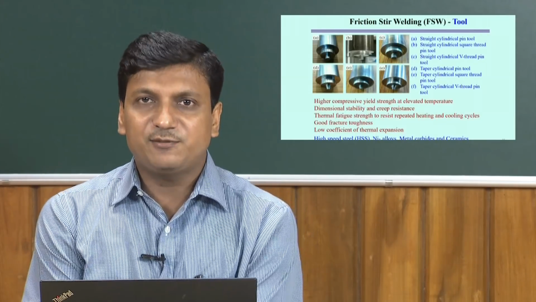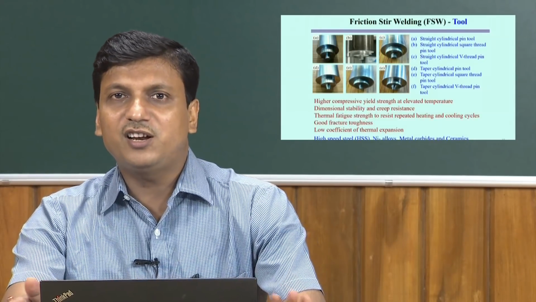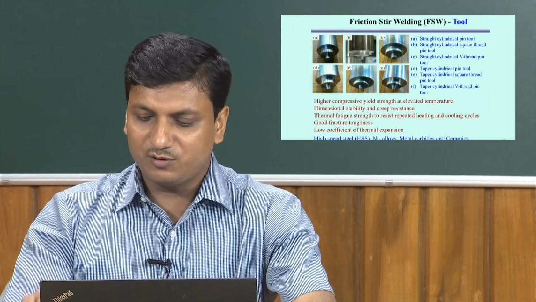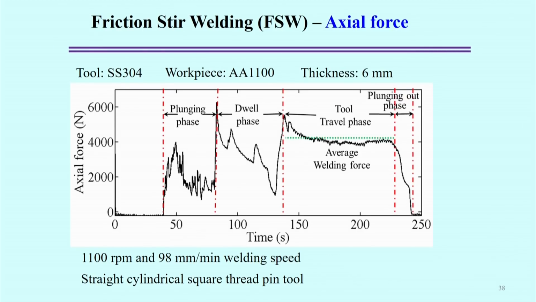That is a different aspect of analysis, and it is beyond the scope here to analyze the effect of the tool and the cost of the tool in the FSW process.